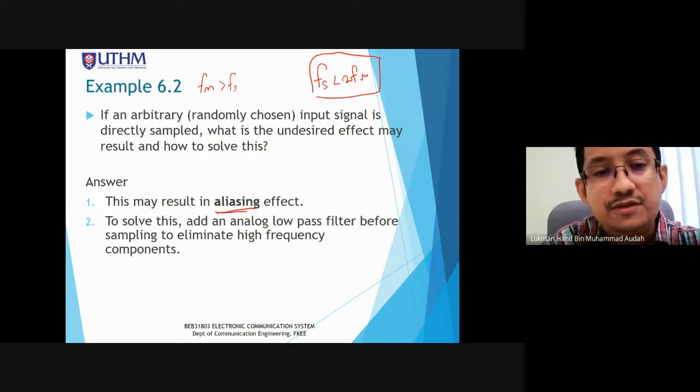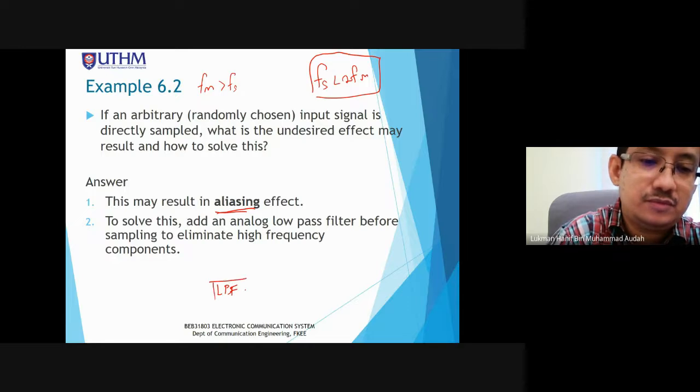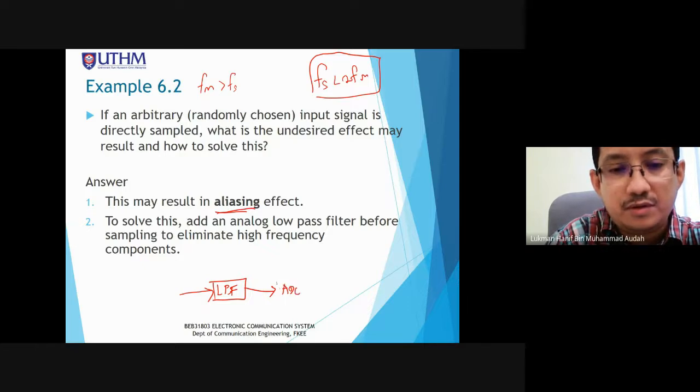Okay, so to solve this issue, we can put low pass filter. Okay, kita boleh letakkan low pass filter LPF, and then put it inside the ADC.